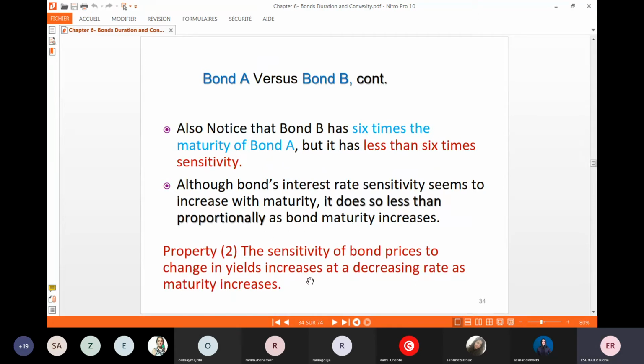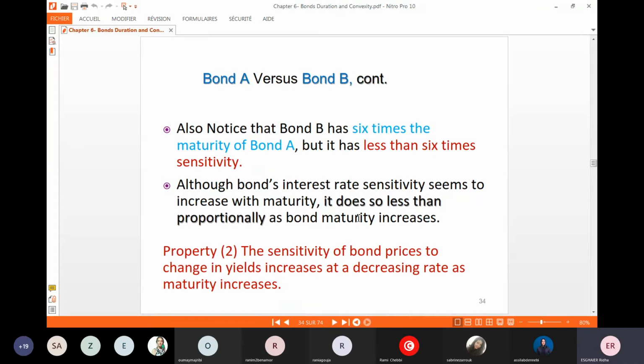Why? Because as we saw when comparing bond A and bond B, bond B has a higher sensitivity. This sensitivity increases with the maturity, but it does so less than proportionally as the bond maturity increases.